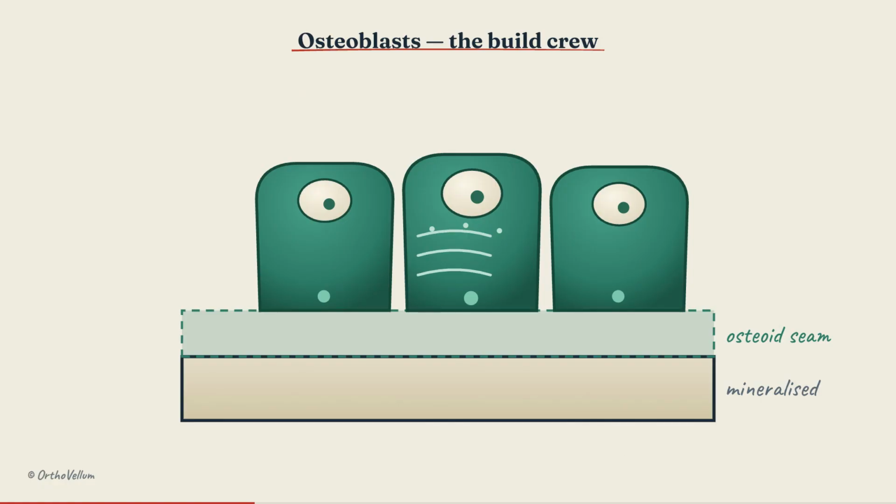Notice they work as a sheet, never as a single cell. And notice the osteoid seam, that layer of new matrix, sits unmineralized for about 10 to 15 days before mineral is deposited into it. That delay looks like a detail. It is going to matter enormously.